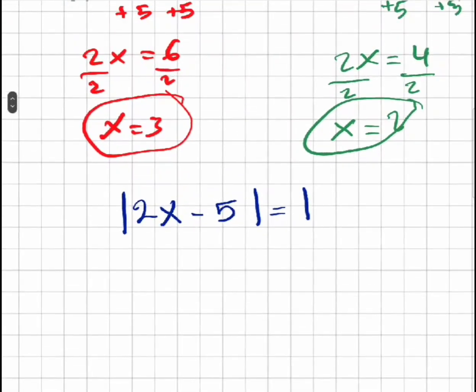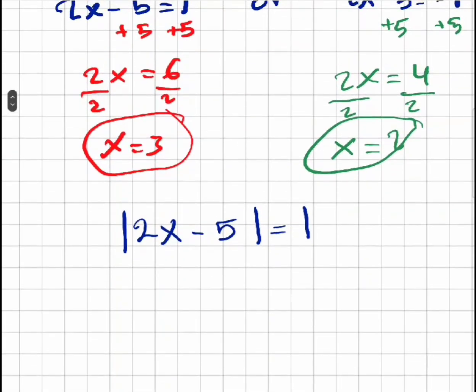So if we plug in 2, 2 times 2 is 4. 4 minus 5 is negative 1. The absolute value of negative 1 is 1. So the equation is true.